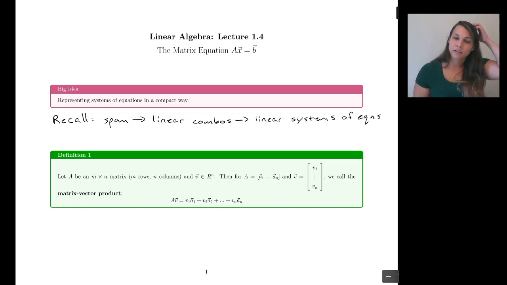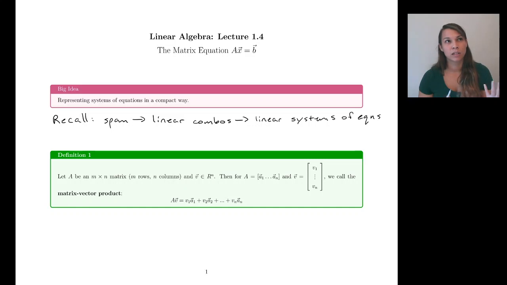And what I'm going to do today is use those same ideas that we had at the end of the previous video. I'm going to do some manipulations, and I want to express a system of equations in a nice little compact form.